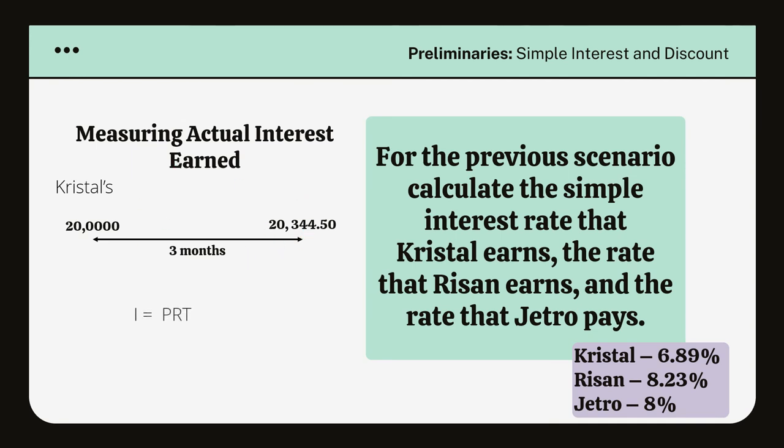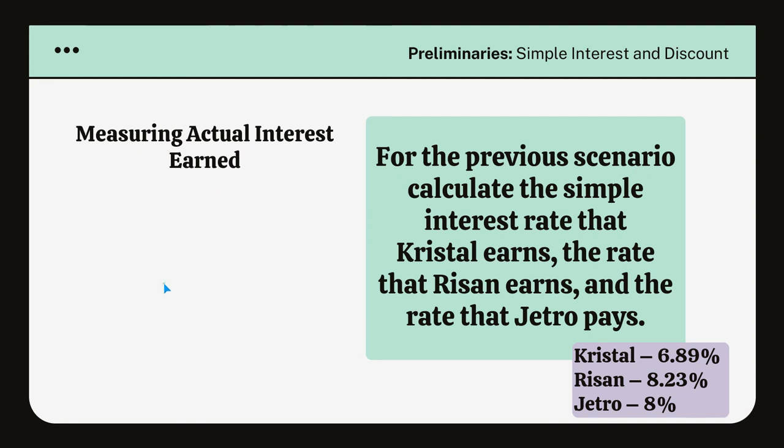Therefore, from Crystal's point of view, according to PRT or the simple interest formula, she earned 344 pesos and 50 centavos. Remember, after 3 months, her 20,000 became 20,344 pesos and 50 centavos. So, since it is after 3 months, we divided it by 12. Therefore, her rate would be equivalent to 6.89%.